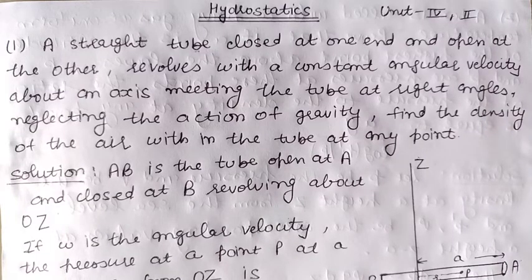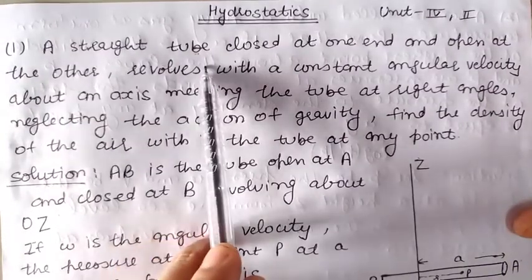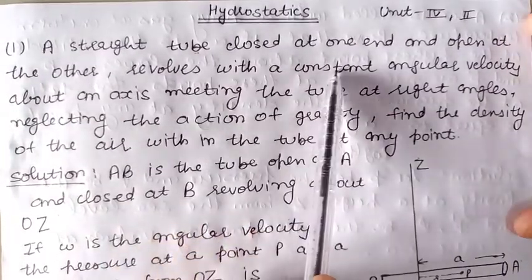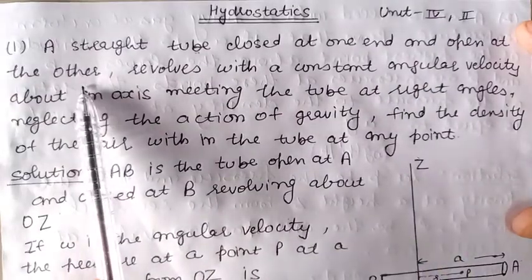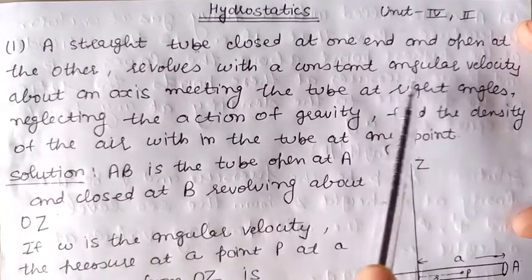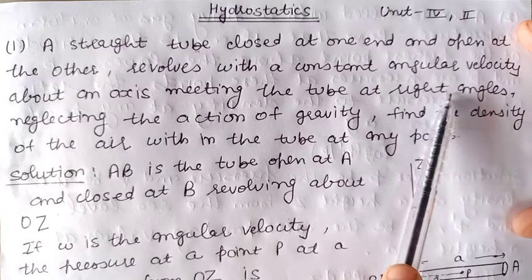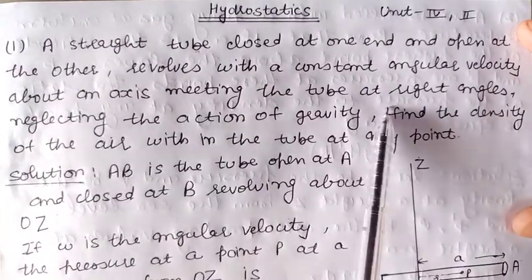In today's lecture, we will discuss problems related to equilibrium of gases and center of pressure. First problem is a straight tube closed at one end and open at the other revolves with a constant angular velocity about an axis meeting the tube at right angles.